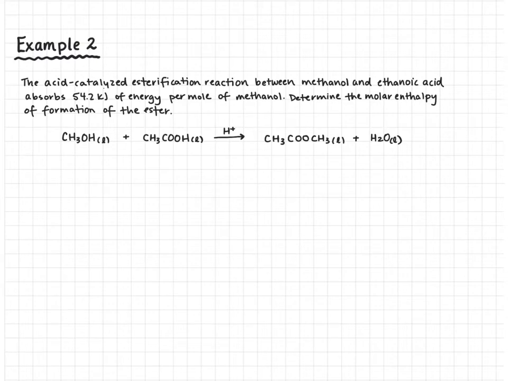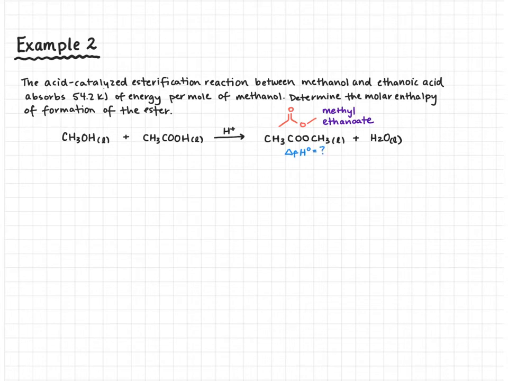So just as a reminder from our organic chemistry lessons, this would be the structure of that ester. And it would be called methyl ethanoate. So we are solving for the enthalpy of formation of methyl ethanoate.